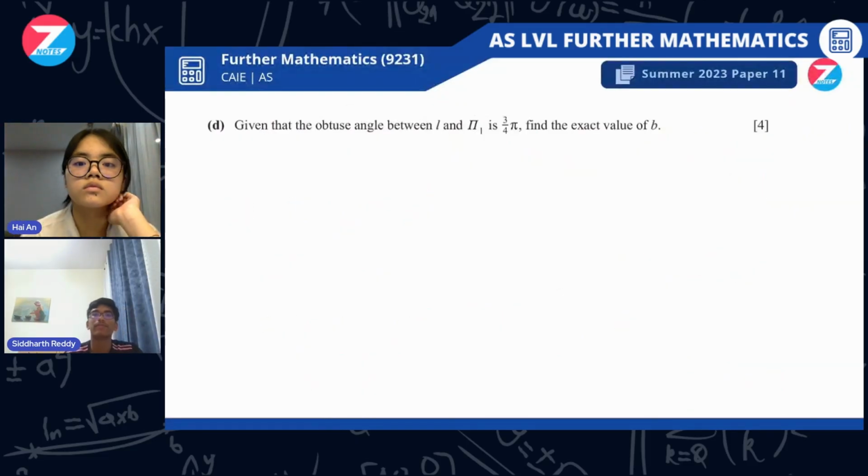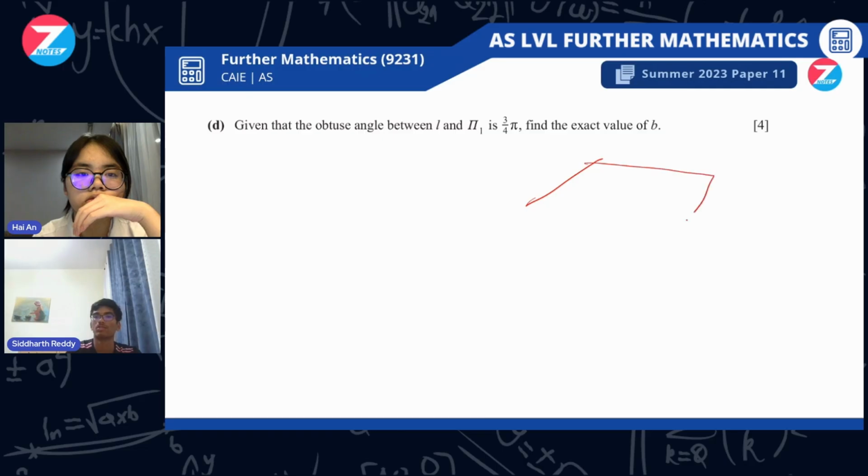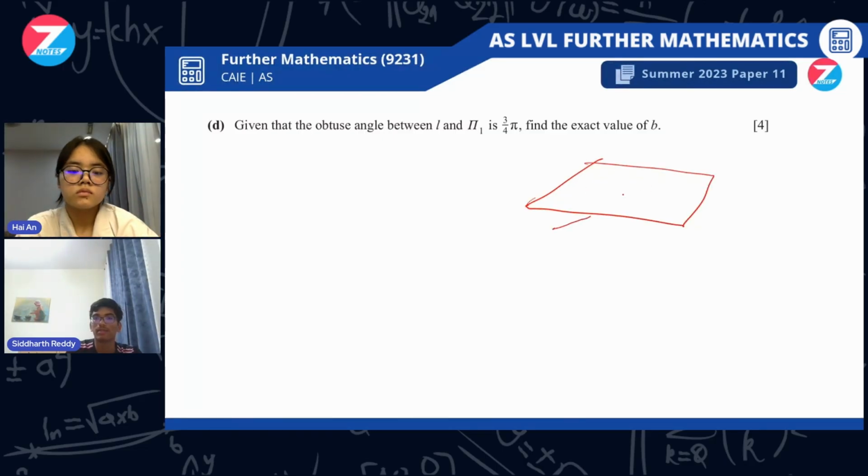And the second one, given that the obtuse angle between L and pi 1 is 3 pi by 4, find the exact value of b. Okay, so there's some plane pi 1 and the line L is passing through it. They said the obtuse angle is 3 pi by 4, so find the value of b.